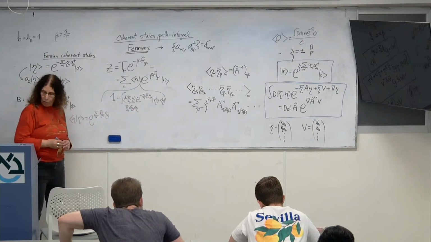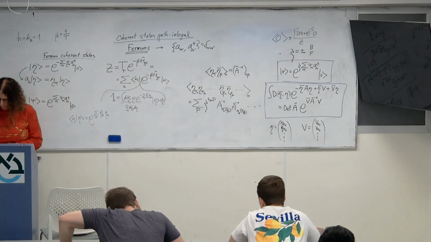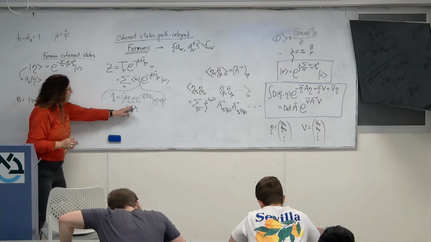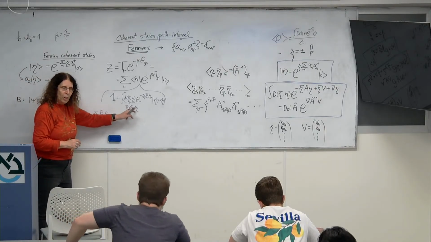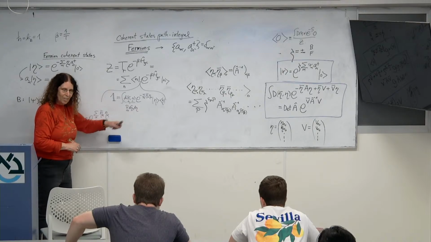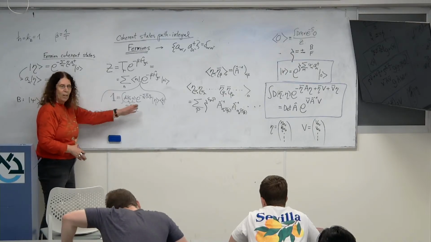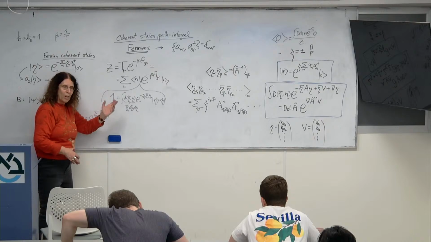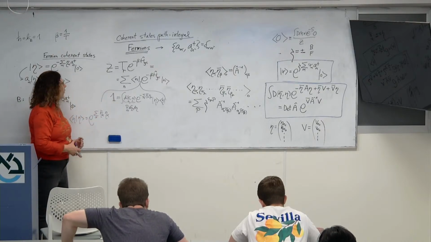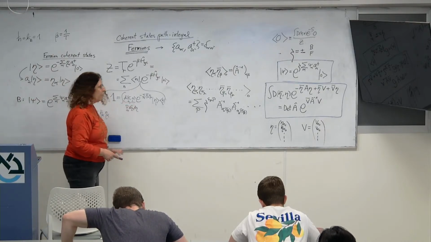Okay? So that's the definition. Okay, and here I keep track of the order because the order is important. Whether you write eta or eta bar, if you switch, you get a minus sign. So be careful. This is the resolution of identity.